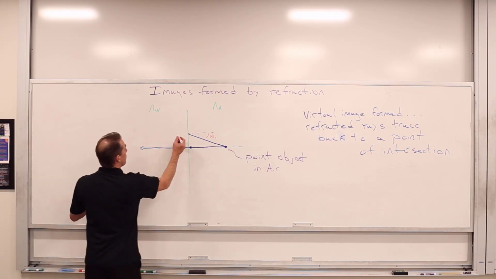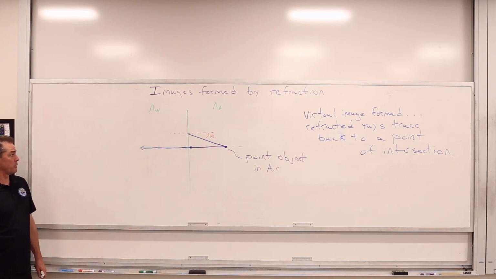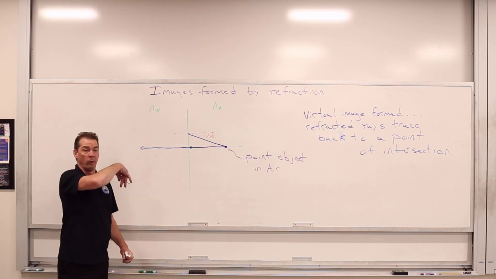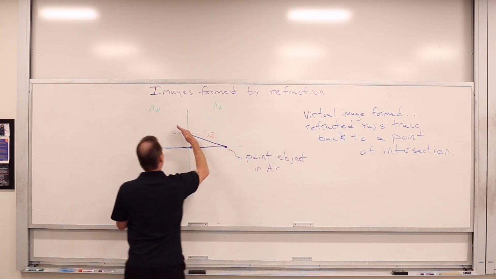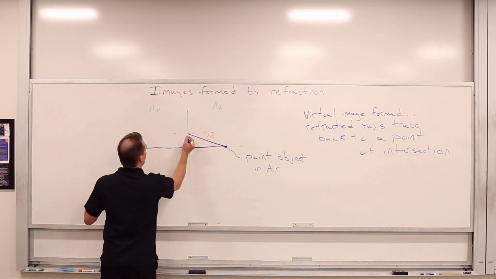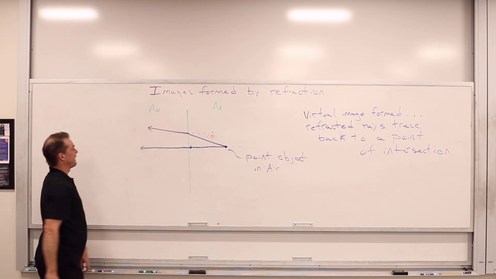And now the direction that it goes is towards the normal. We're going from a lower index of refraction to a higher index of refraction. Thus, the angle of refraction is lower than the angle of incidence. And we've got something like that.